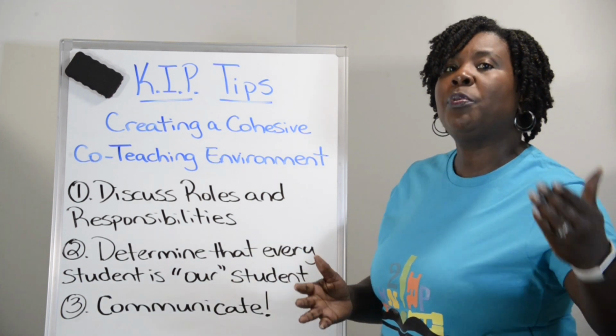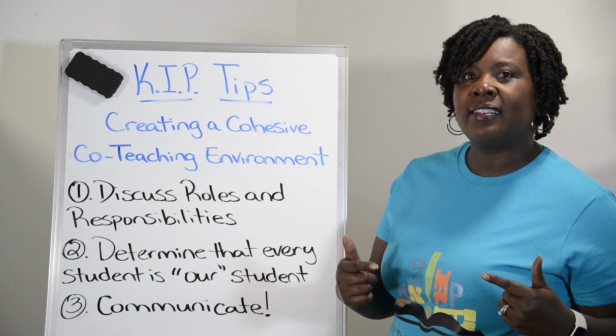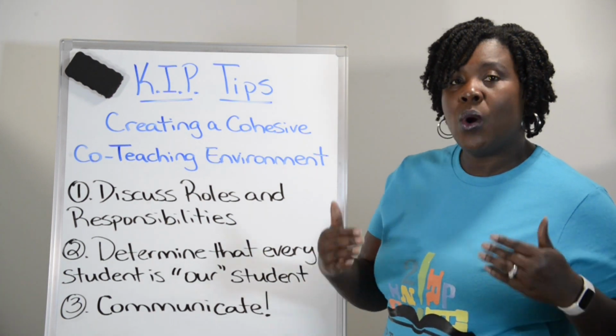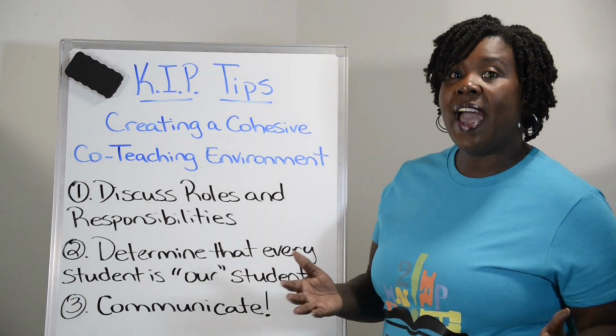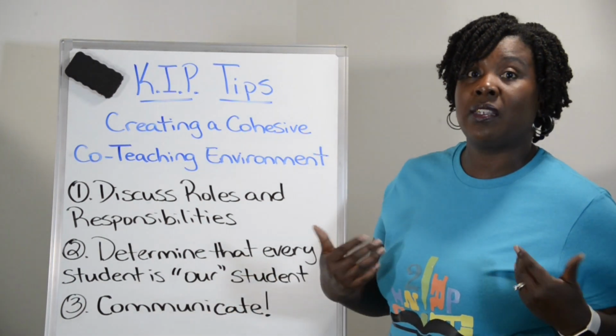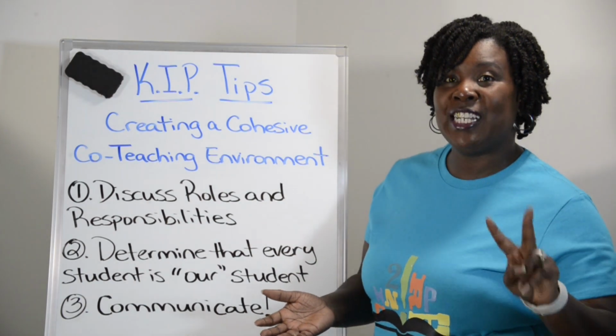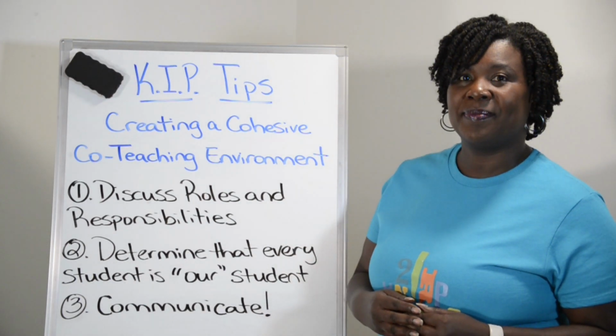No. She just provided the help that that student needed. In our eyes, every student was our student. In fact, the kids in our class didn't even know who I was there for. All they knew was that they had 2 teachers in the classroom.